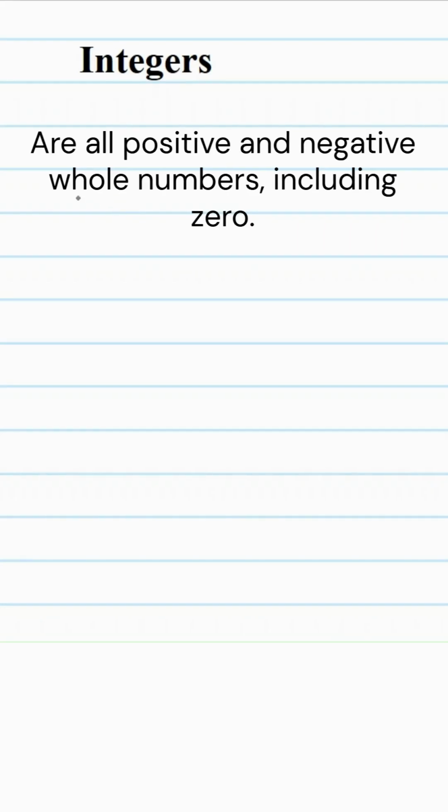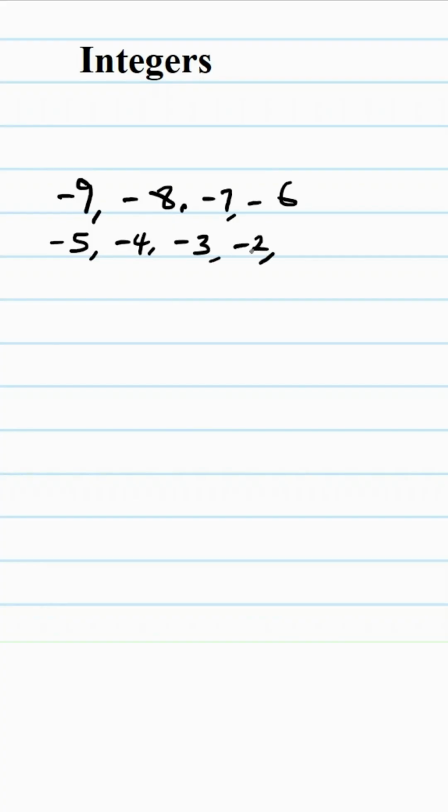For example, we can have negative 9, negative 8, negative 7, negative 6, negative 5, negative 4, negative 3, negative 2, negative 1, 0, plus 1, plus 2, plus 3, plus 4, and the list goes on.